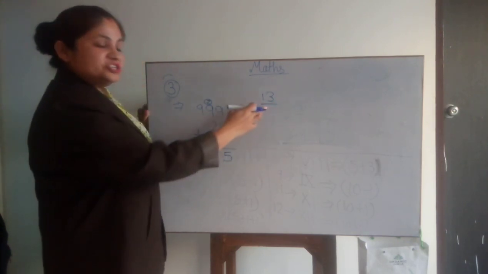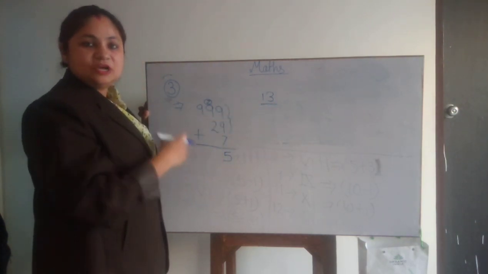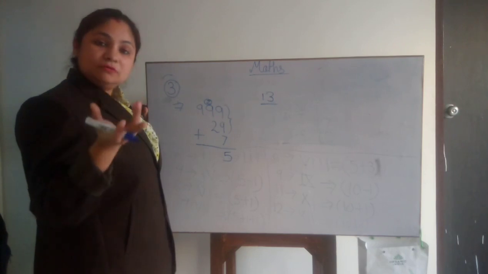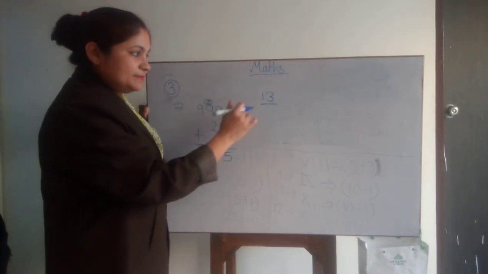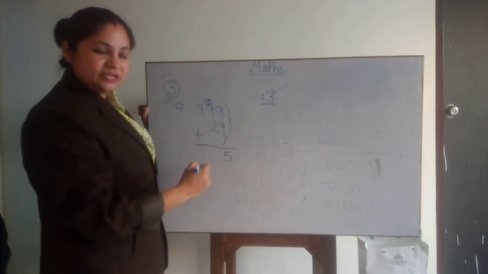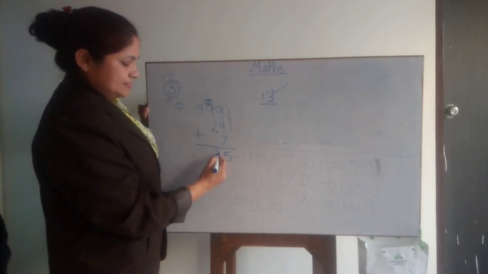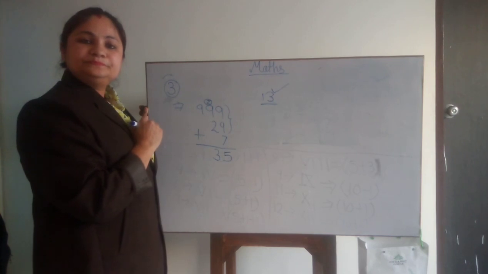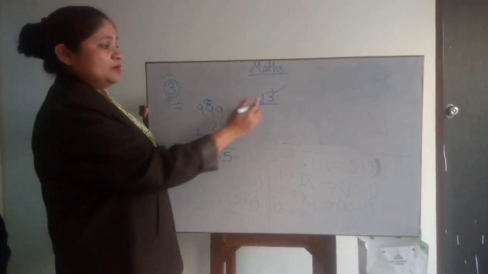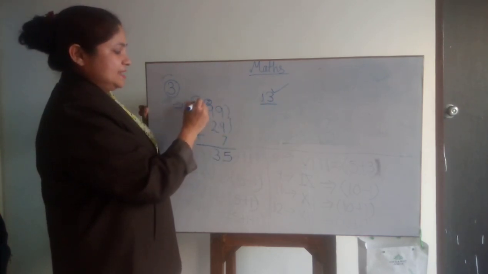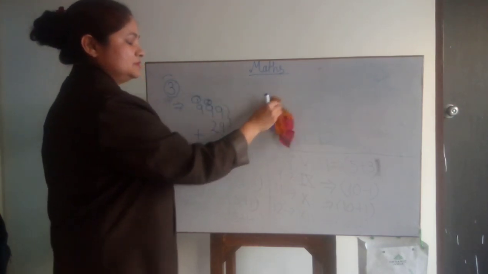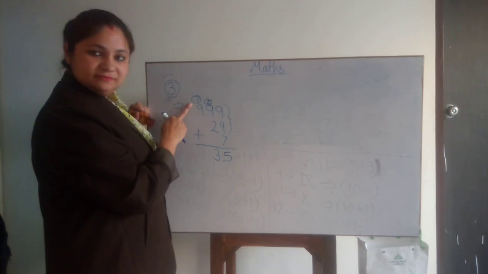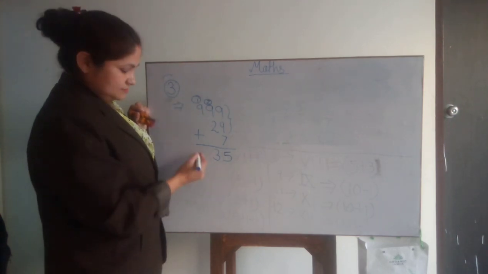Shall we write 13 here? The answer is no, because we can't write 13 here. So we will write this 3 here. Now this 1 will be the carry over. Now 9 plus 1, 10.